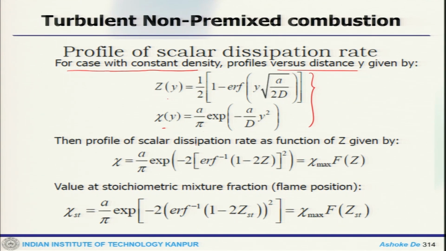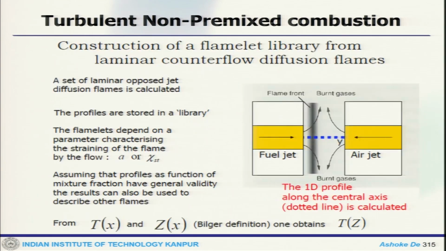The profile for scalar dissipation rate as a function of mixture fraction is given as a by pi exponential minus 2 [erf inverse of (1 minus 2Z)] squared, which is nothing but chi max and f(Z). Similarly, you can find out the stoichiometric scalar dissipation rate, which is a by pi this. This is also chi max and a function of Z stoichiometry. So this is what one can get for different profiles.